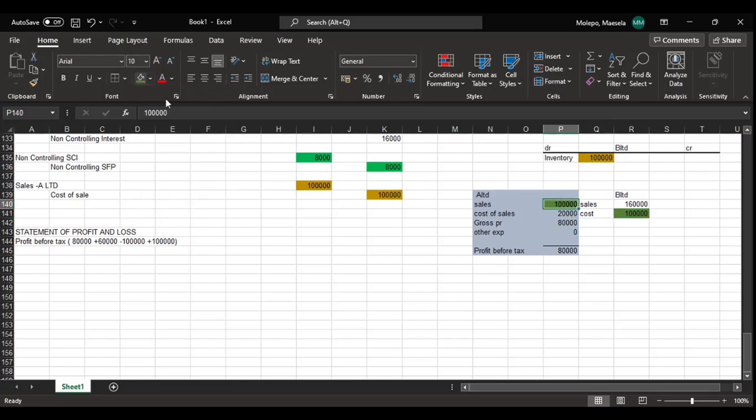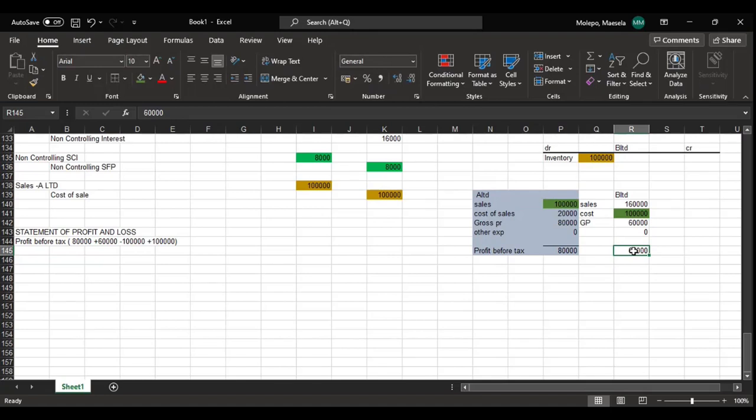So cost of sale is 100,000. The gross profit will be 60,000, and other expenses is 0. So its profit before tax will be 60,000. So now we say our 80,000, this one plus this one, right?